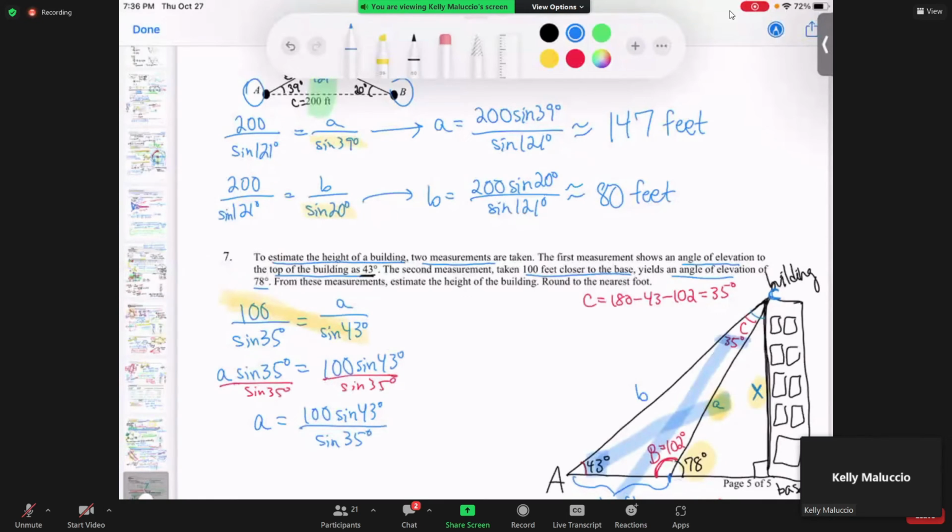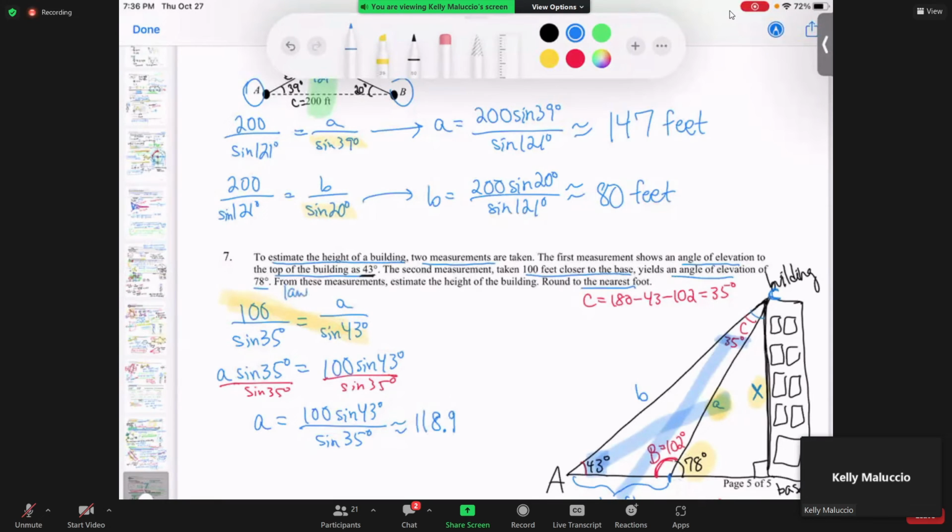And we will round this, right? I don't know, did they say? They said the nearest foot, but this isn't the final answer. So actually, maybe you wouldn't even round this, but I am going to tell you it's like 118.9, right? So this is a combo problem of law of sines and right triangle trig.